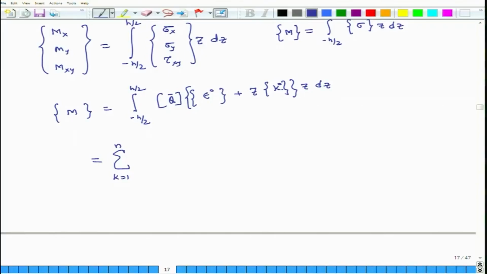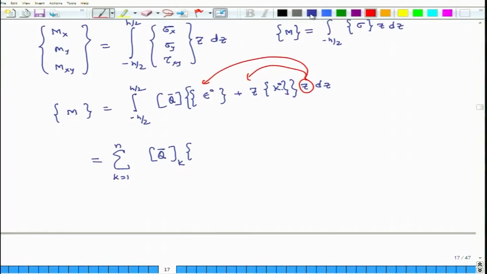If I am doing this for the kth layer, it will be Q bar for the kth layer times epsilon naught plus z times. Actually, what I will do is move this z inside the bracket.